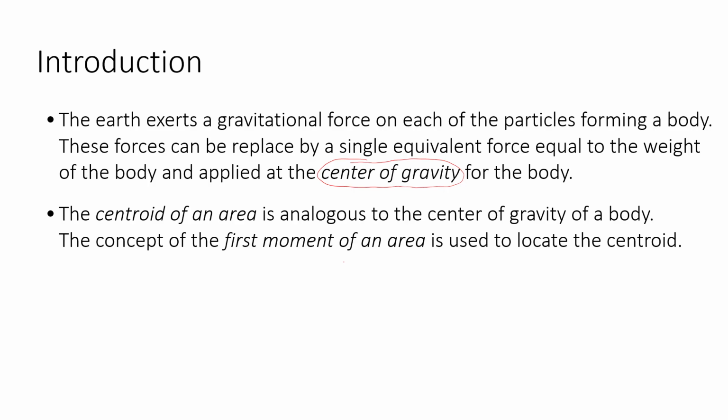Now, solving for the centroid of an area is a similar approach to solving for the center of gravity. The centroid of an area is analogous to the center of gravity. Meaning the process is the same, or rather the formula looks the same as the center of gravity formula, but it's in terms of area rather than in terms of weight or mass. Right? The center of gravity of a body, most likely we are comparing it with a mass or a weight.